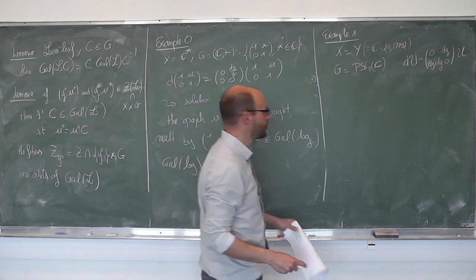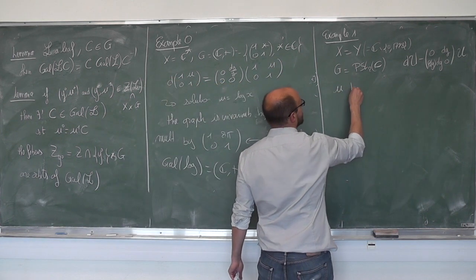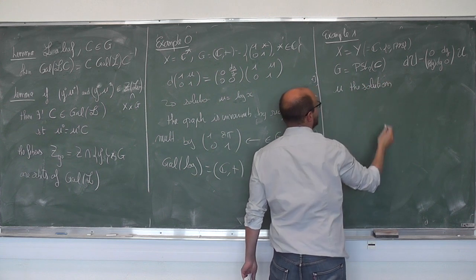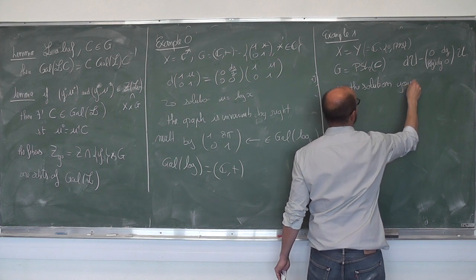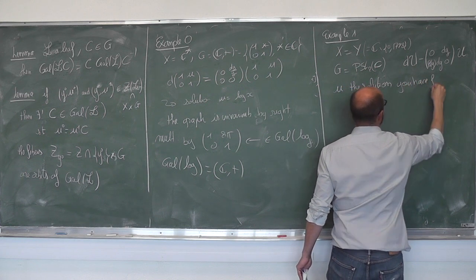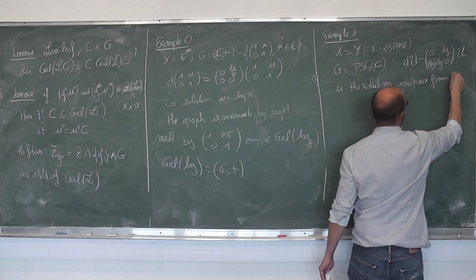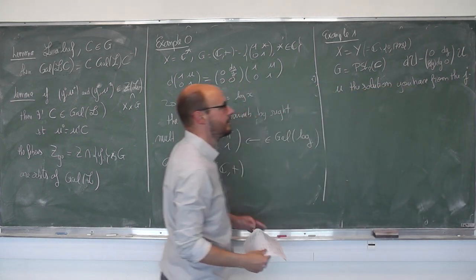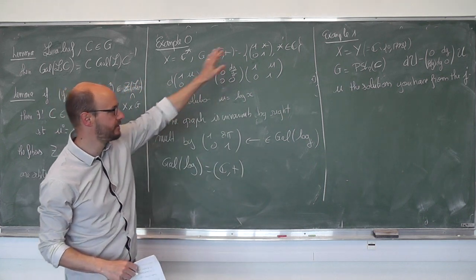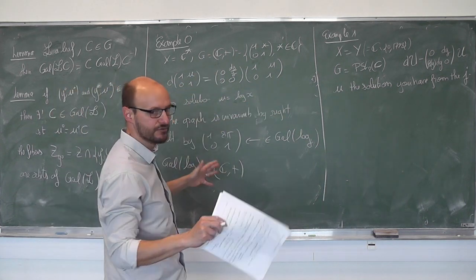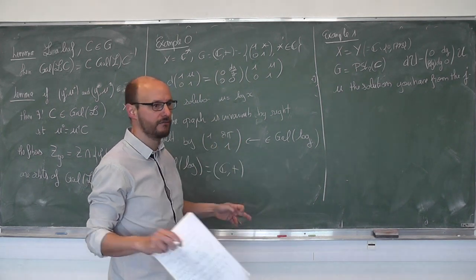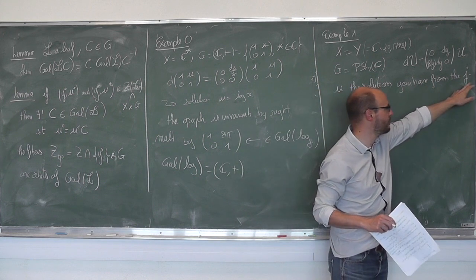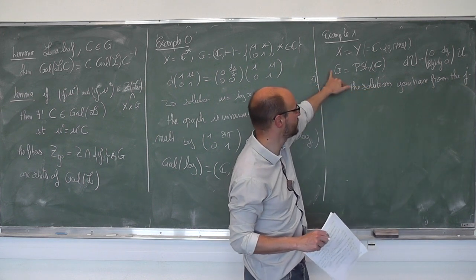And now you get a nice solution, u. The solution you obtain from the J function. You remember all these things from J to T to U. We have three different models for the same differential equation. So each time we have a solution from the differential equation for J, we get a solution here for this one.